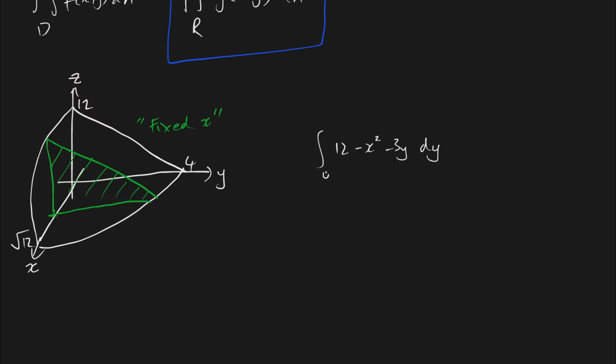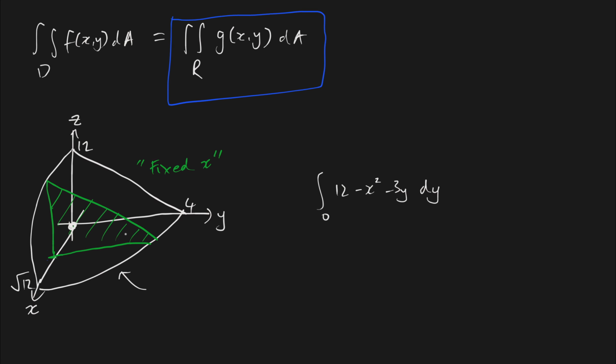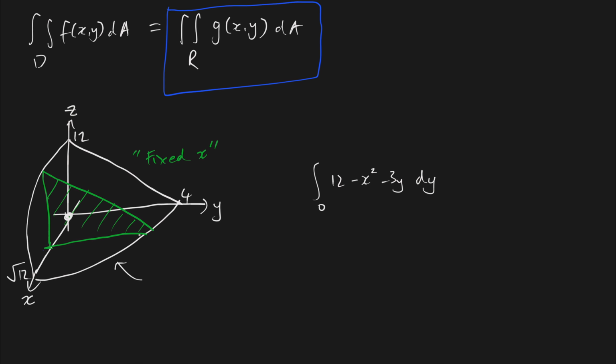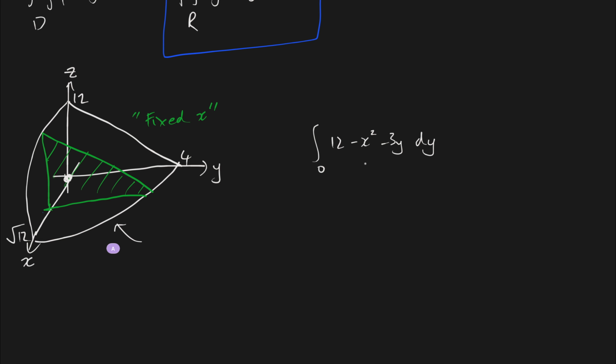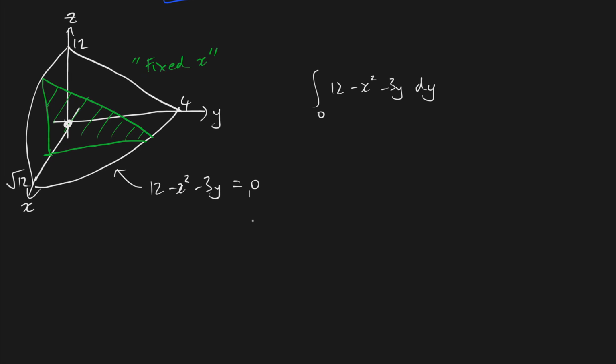That's going to be from 0, because y starts at 0, to whatever y is determined by this line here. Let's solve for that. We set this equal to 0 because this is defined when z is equal to 0. So 12 minus x squared minus 3y equals 0. Now we just have to rearrange to make y the subject.